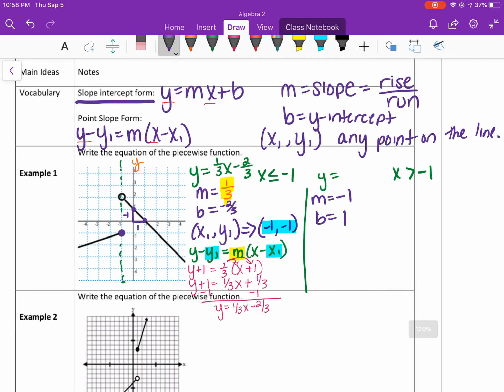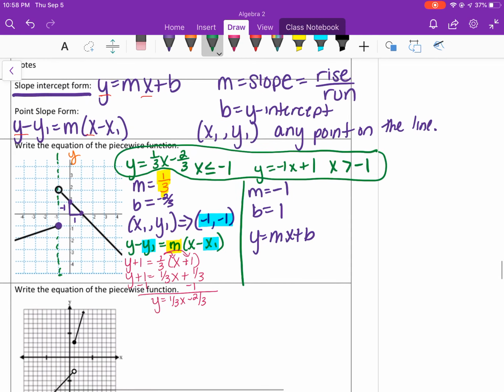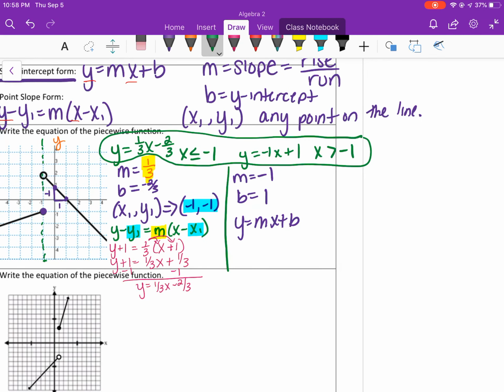So this one I can plug right into mx plus b, and it'll be y equals -1x plus 1 when x is greater than -1. So now I have my 2 pieces for my piecewise function. So I just need to write it in piecewise function form, which looks like this.